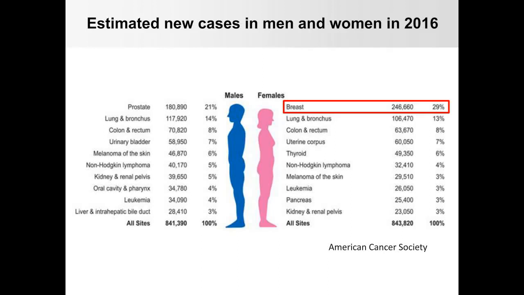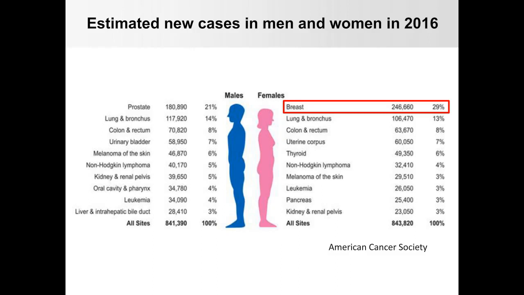First, breast cancer, as I just mentioned, has been treated tremendously well in the past 20 years. However, the American Cancer Society still estimates that in 2016, among the new cases identified in women, 29% of patients will be identified as having breast cancer.